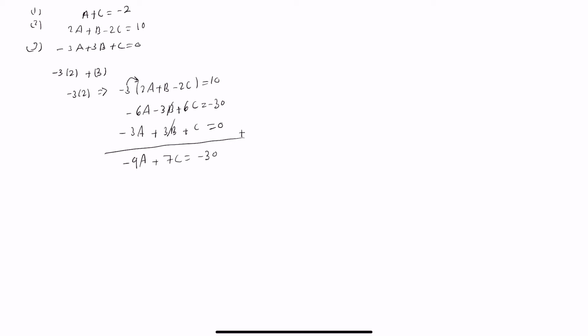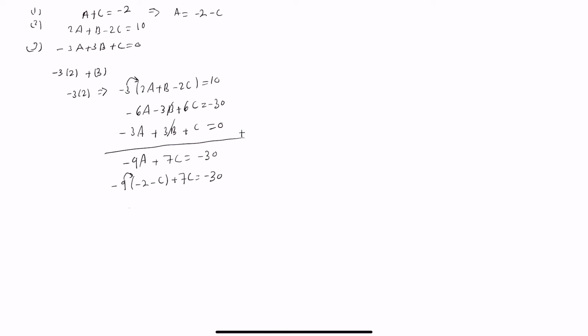Now I'm going to use equation number 1. So a is going to be equal to minus 2 minus c. Here we have minus 9 times a, where a is equal to minus 2 minus c, plus 7c equal to minus 30. Now let's multiply these.